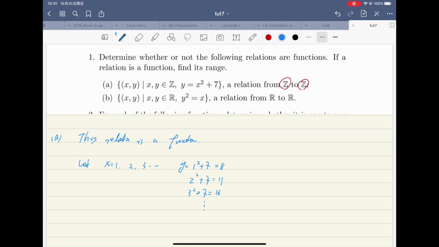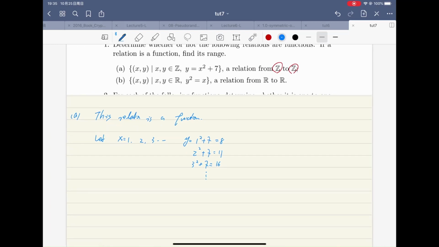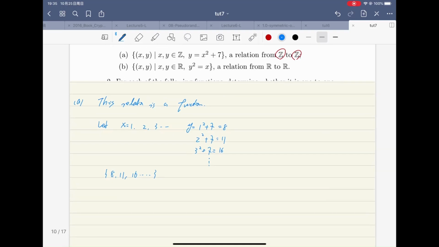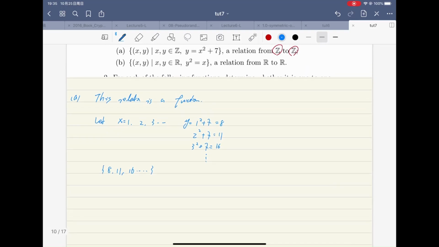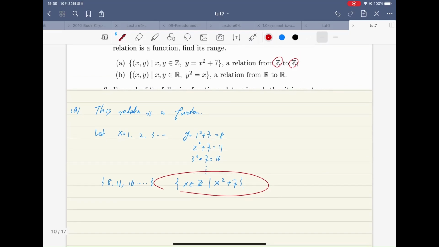So we have the range as 8, 11, 16, and so on. So the range is just x squared plus 7 for x belonging to the integers. This is the range for this relation, or for this function.